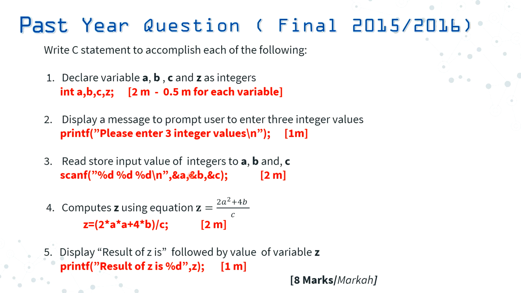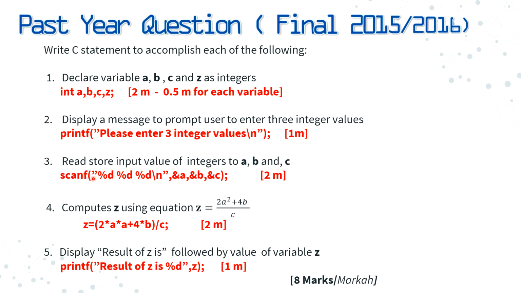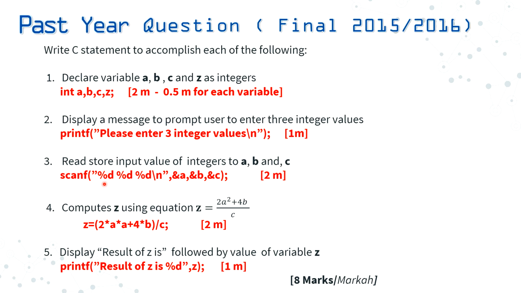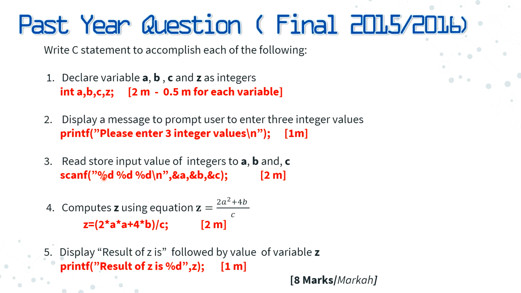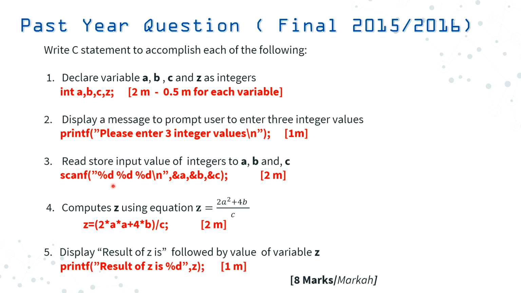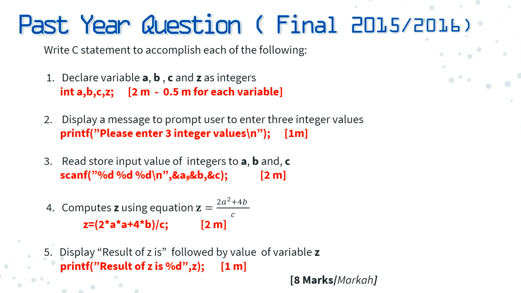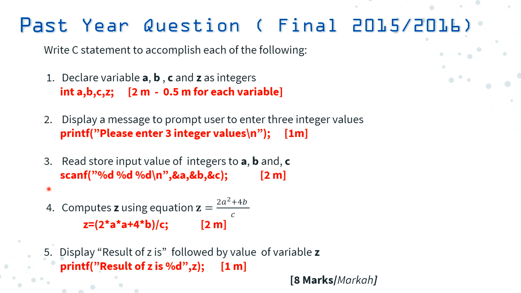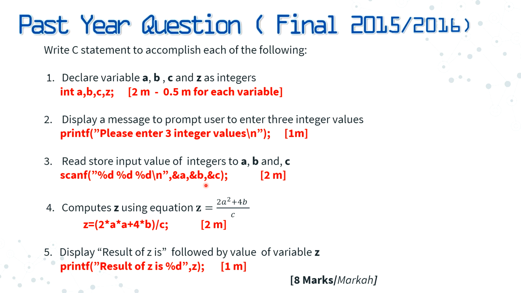So you use a scanf function. Again, correct this double quotation mark, which is supposed to be the other way around. And then you put %d for the 3 integers, which refers to A, B, and C. This will give you 2 marks if you write this in full.